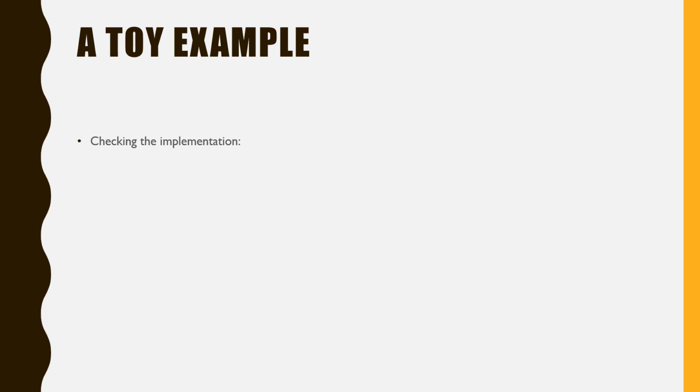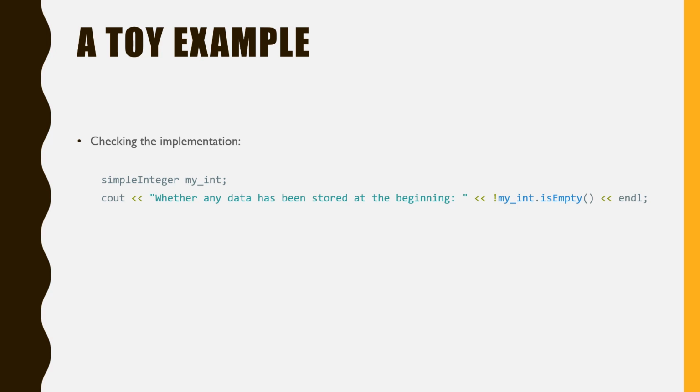Now, let's check whether our implementation behaves as expected. Here, we will perform 4 steps with our data structure. First, we will initialize an instance of the data structure and check whether the initialized instance is empty.